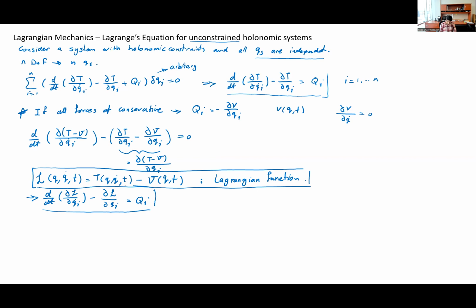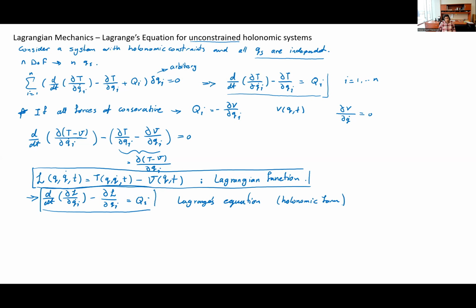And this is what we call Lagrange's equation, or the holonomic form.